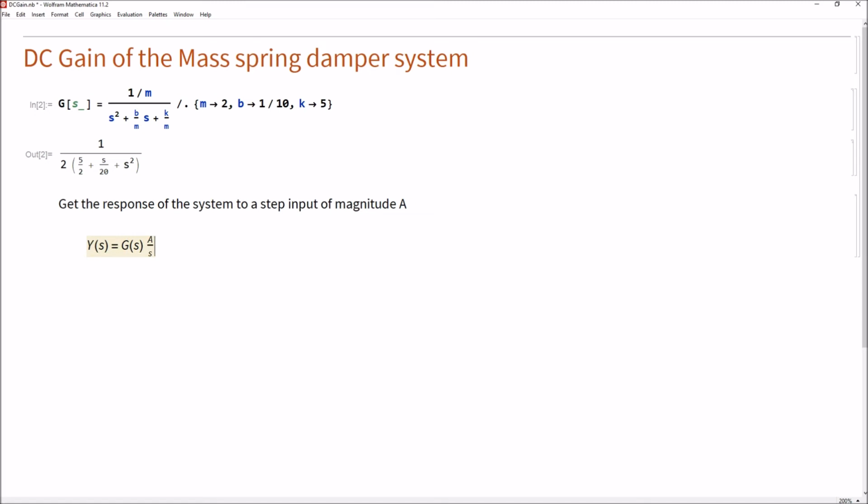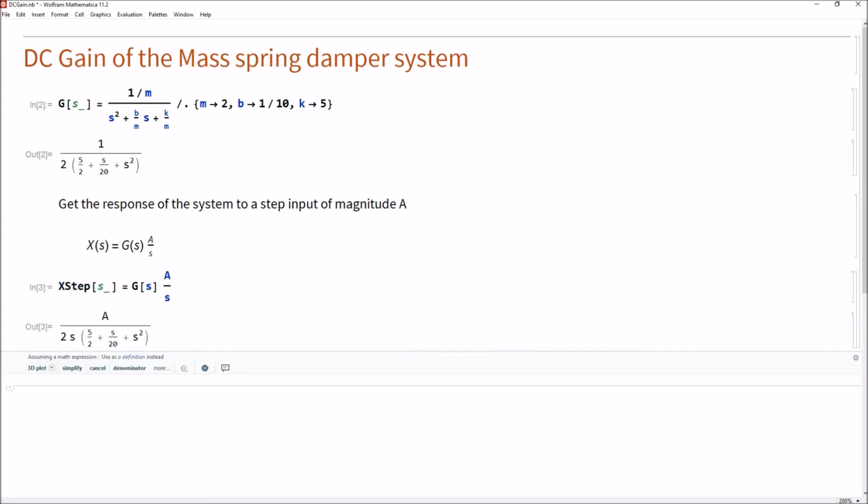Sorry, we used x as the output variable we care about, so let's call this x step, because this is the response to a step. And this is G of s times A over s.